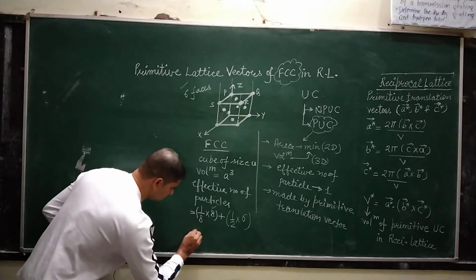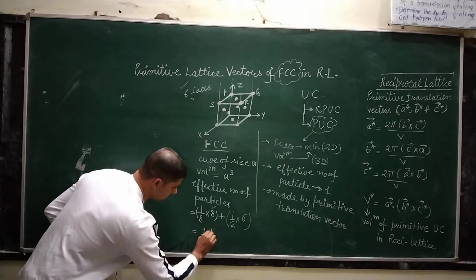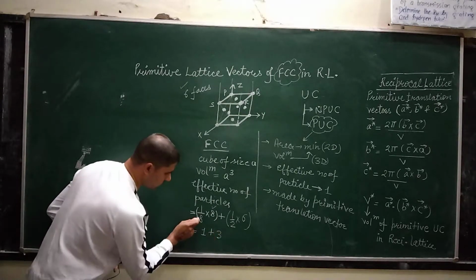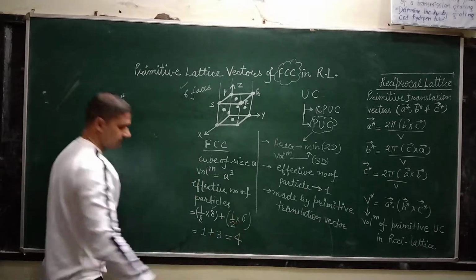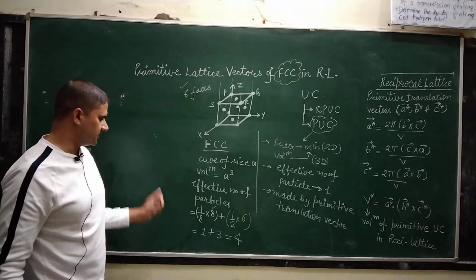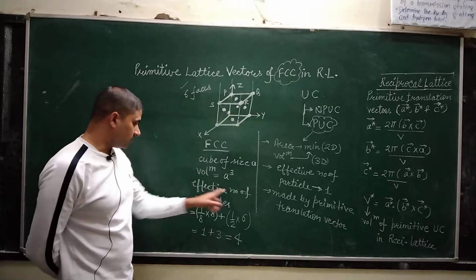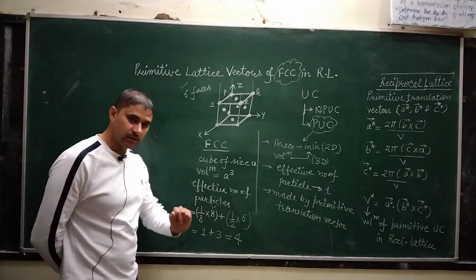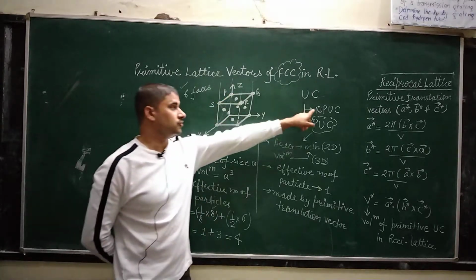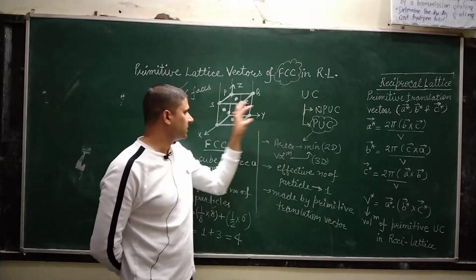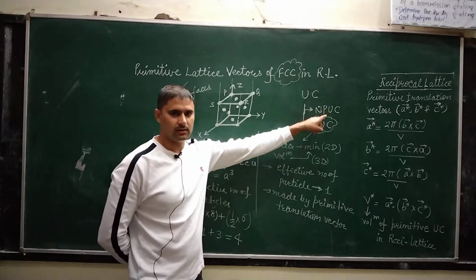From here you can see the effective number of particles is 1 plus 3, that is 4, okay class. Now see, the effective number of particles is not unity, it is 4. It means this unit cell is not primitive, this is a non-primitive unit cell.